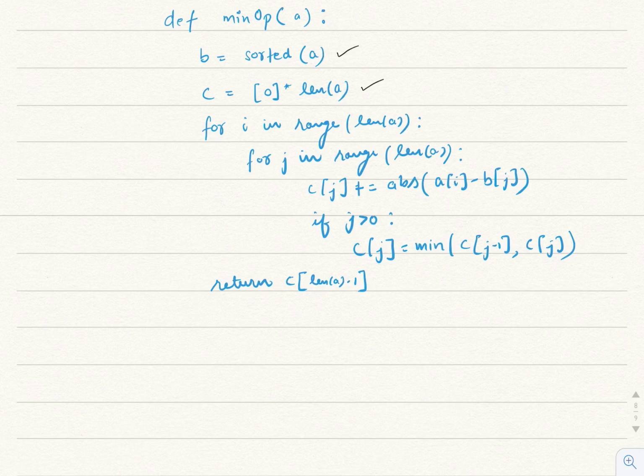So here is that table traversal, and here are the given conditions that we have to take in order to find that minimum operation. So at the end of it, we'll return that last value of the list or the table. That's it. Thank you.